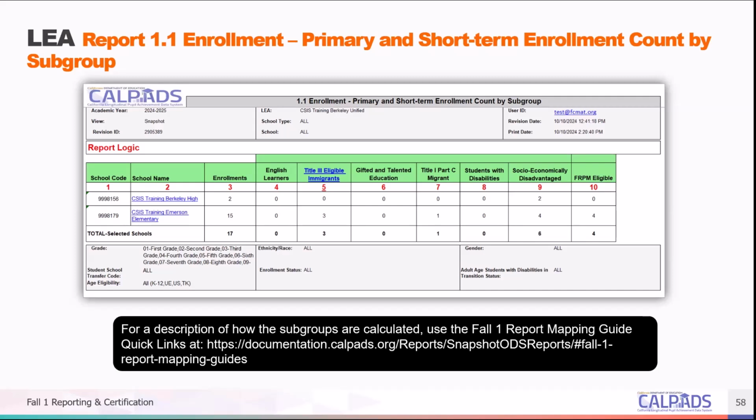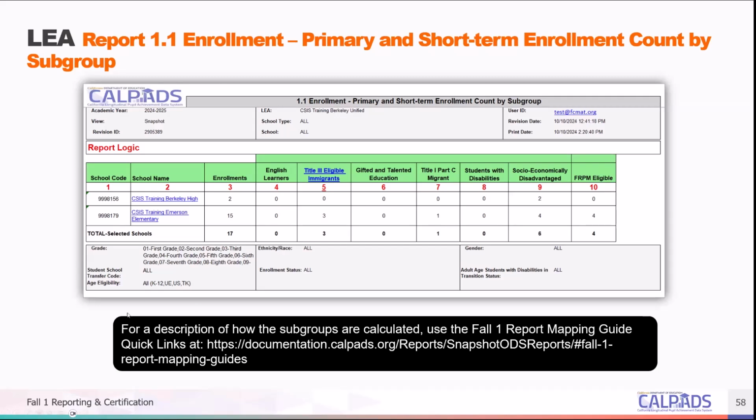And so you can see the subgroups that we covered earlier in this training. You have your English learners, your Title III eligible immigrants, your gifted and talented education, your migrant students, students with disabilities, the SED column, and then the FR eligible students.